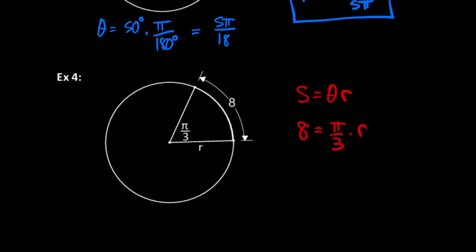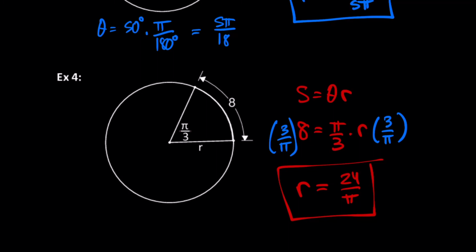Again, we're just going to multiply by the reciprocal. 3 over pi. So what does that get us? Let's see. R equals 3 times 8 is 24 over pi. Again, that's an exact answer, which is the type of answer you'll be asked to find most often. And just leave it like that. If you wanted a decimal equivalent, obviously you can just put that into your calculator.